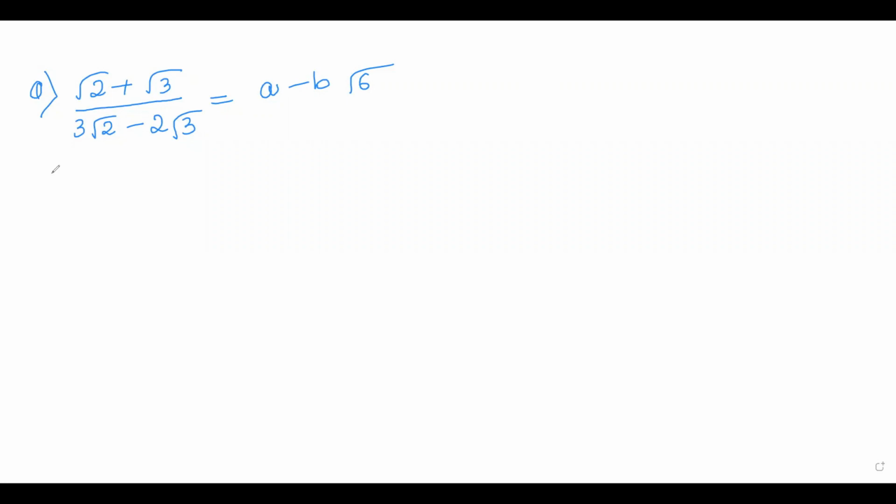In the next question, we are having root 2 plus root 3 by 3 root 2 minus 2 root 3 is equal to a minus b root 6. Let us take the left hand side. Root 2 plus root 3 by 3 root 2 minus 2 root 3. Rationalize.